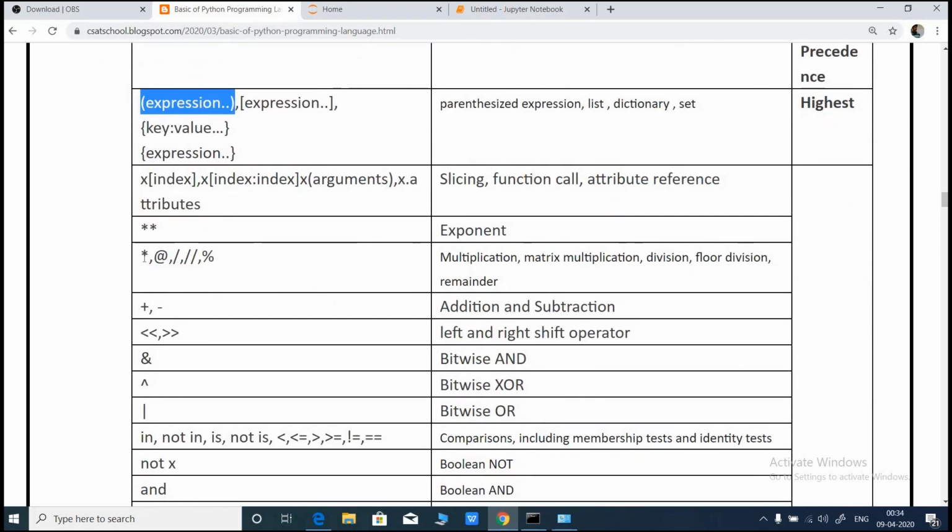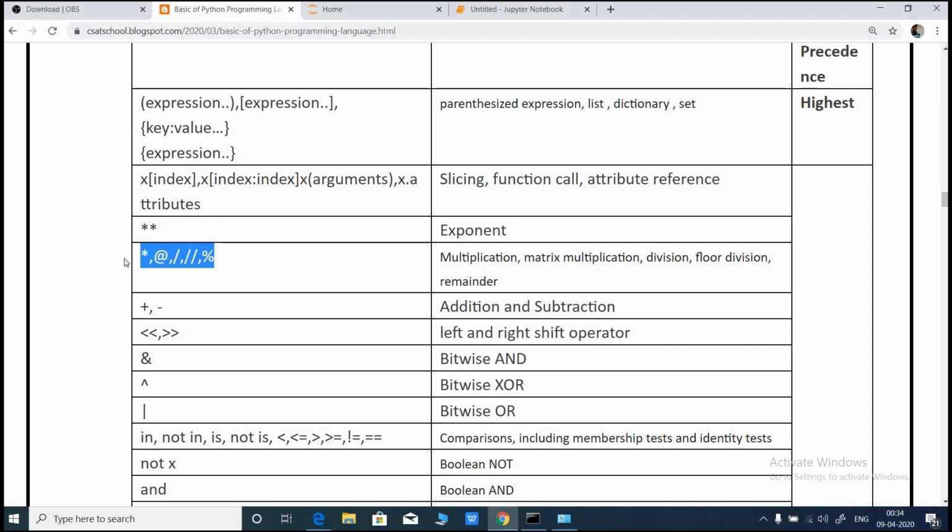Another important thing is that you can see star, that is multiplication, then matrix multiplication. This at-the-rate symbol is matrix multiplication. We're not going to discuss it here, it's not in the syllabus. So we have division, floor division, and modulo. All of them are on the same level of precedence. Now what will happen if multiple such operators appear together?